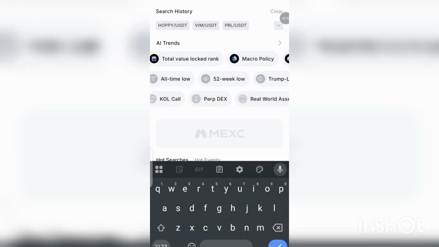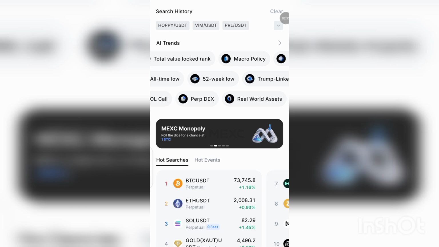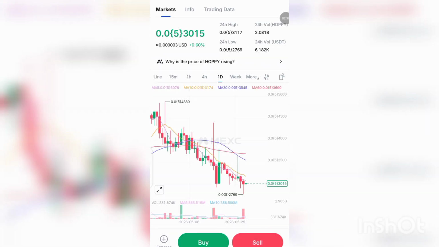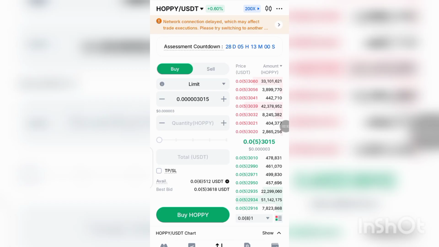You can see this is the name of the coin, which is Hopi. You can type the name over here. This is the price of this token, which you can see clearly once you come over to buy and sell. The price is 0.000003, so you can now see the difference between this coin here and the other place.